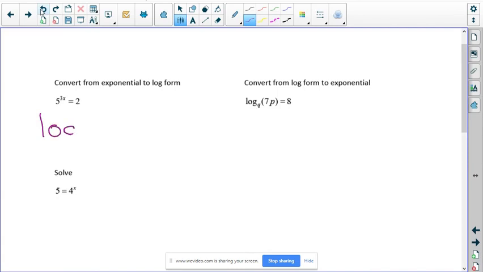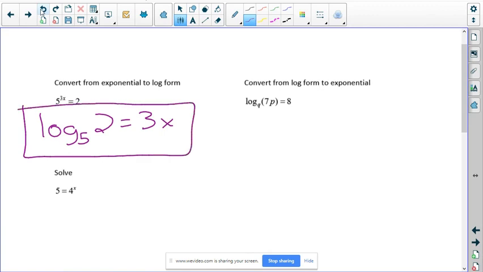So the log and the result, which is 2, are on the same level. This 5 is a base. This says log base 5 of 2 equals 3x. This log is that exponent that was bringing 5 to become 2. This is it here in logarithmic form.